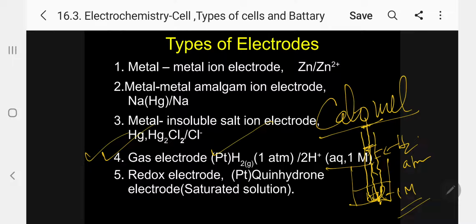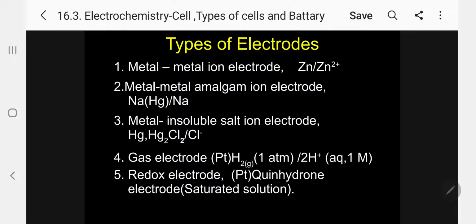It is called the primary standard electrode. But maintaining a 1 molar solution and passing 1 atmospheric pressure is very, very difficult. So that's why the scientific world identified a secondary electrode, more suitable, this calomel electrode, which is constant, because the hydrogen electrode is very, very difficult to construct, whereas the calomel electrode is characteristic and will give an accurate value.